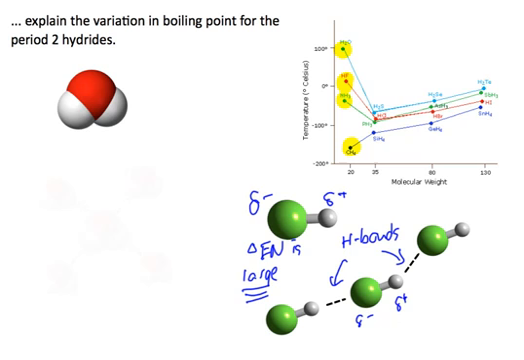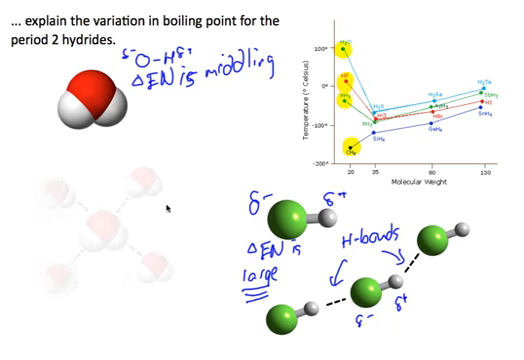Now water is the highest, and what's the reason for this? Well, again, water is, as we just talked about, an OH bond. That's a reasonably large delta EN difference too, so it's kind of in the middle. It's not as large as the hydrogen fluoride delta EN, but it's larger than the ammonia delta EN. But why does water have such a high boiling point, so much higher than hydrogen fluoride?